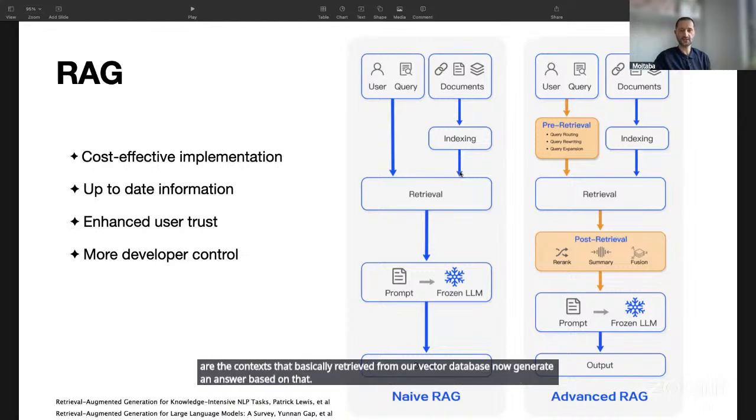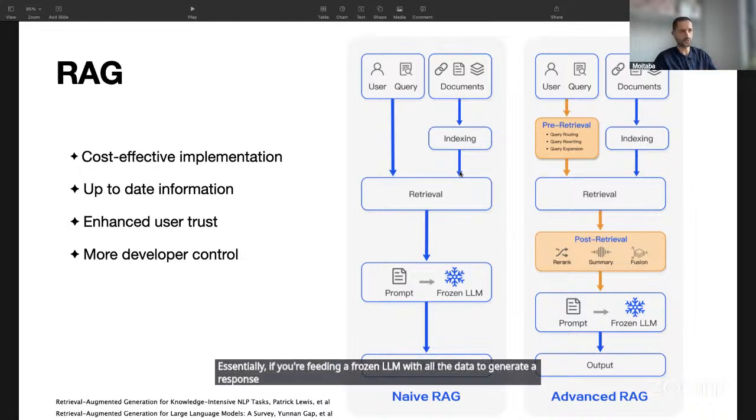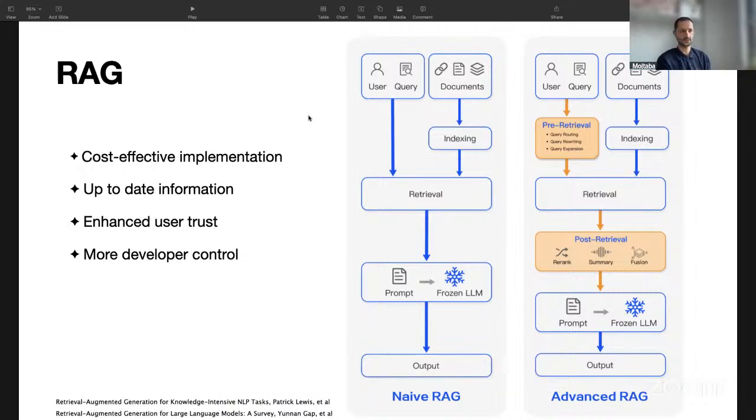Essentially, we are feeding a frozen LLM with our data to generate a response for a given query. That is a commonly used use case within industry because, as I said, it's cost effective. You don't need to train an LLM.